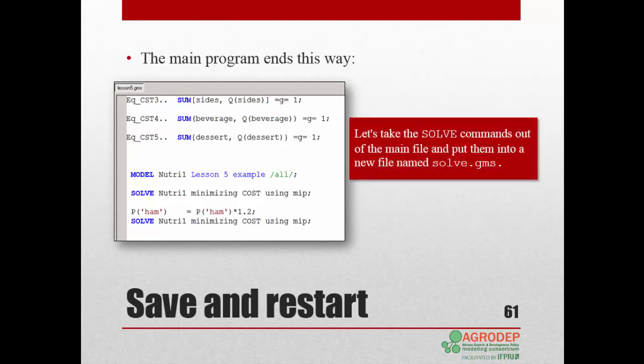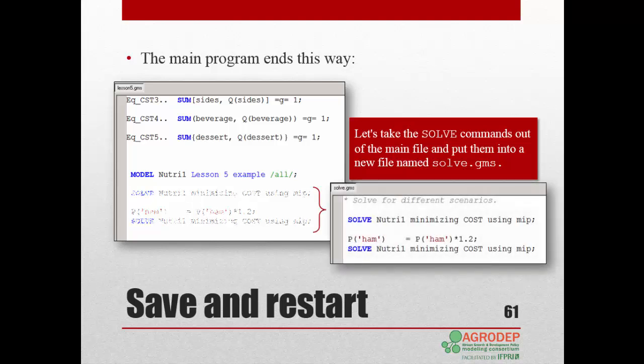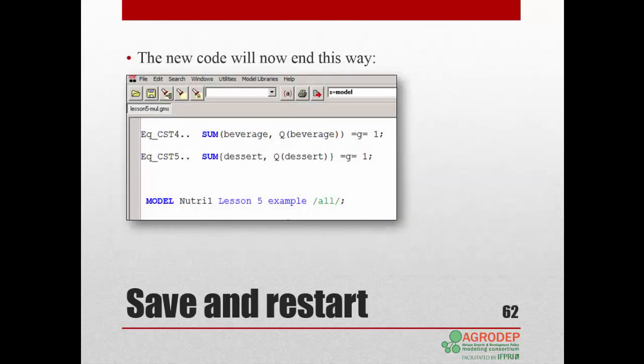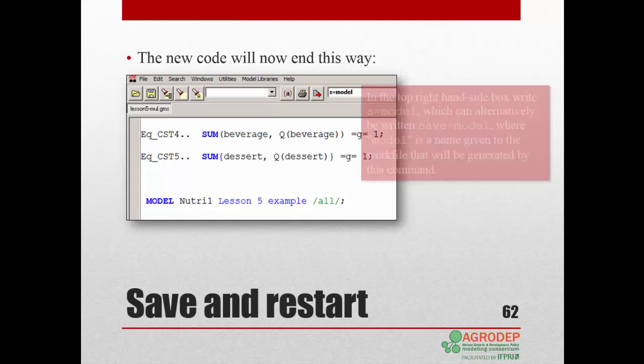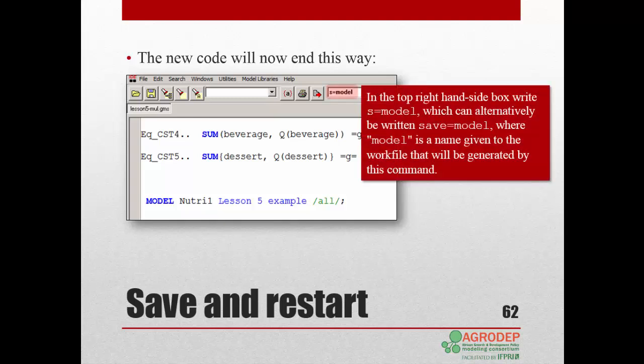Let's remove the solve commands from the main file and save them in a new file named solve.gams. Note that we do not replace the code by a $include option as we did earlier. The new code will now end this way, and we will use the Save and Restart options to link the two files.